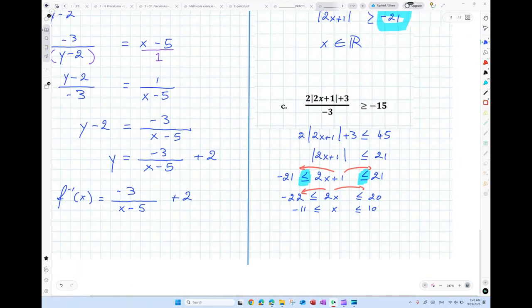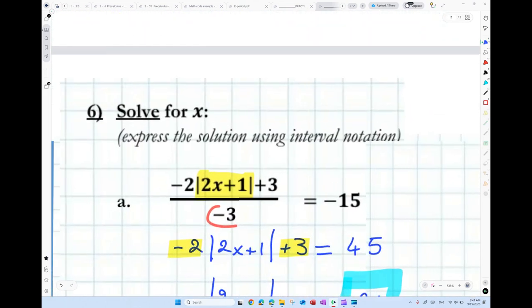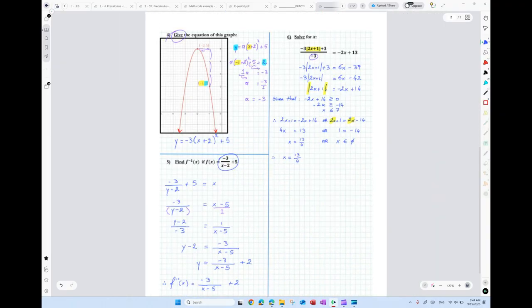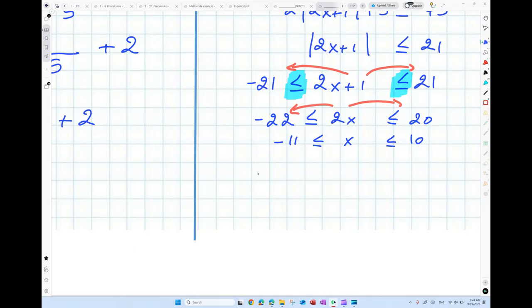And here it says explicitly to express the solution using interval notation. So I will have x belongs to the following interval, negative 11, 10.